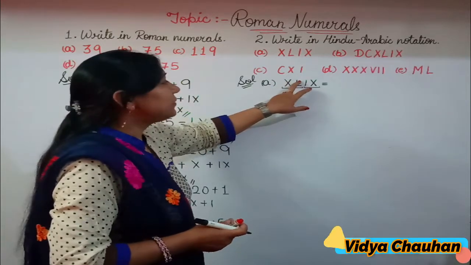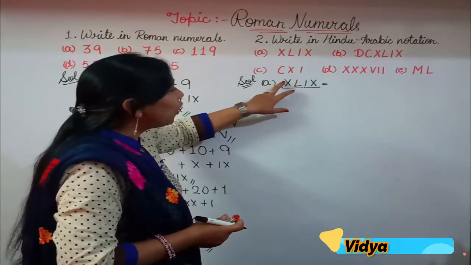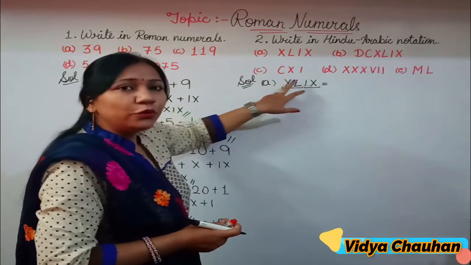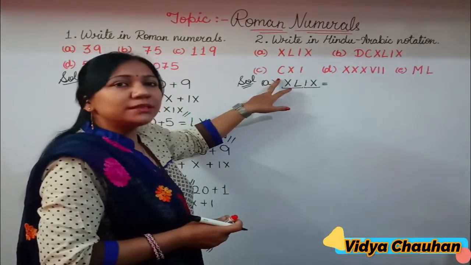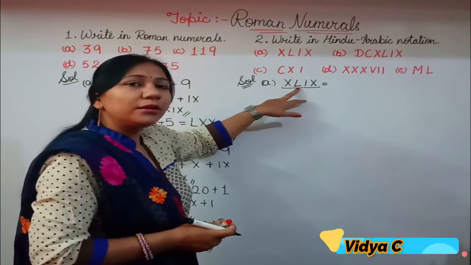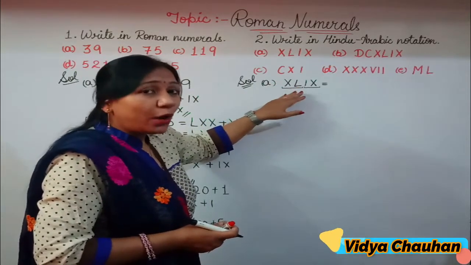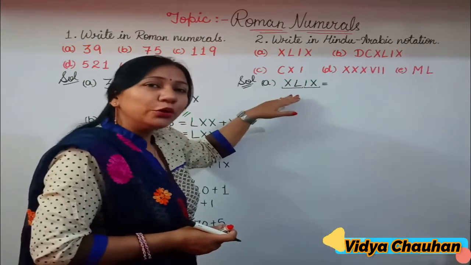Now XL: what is the value of X? 10. What is the value of L? 50. Since a smaller value is preceding the bigger value, this smaller value will be subtracted from the bigger value. And how am I saying this? According to the Roman numeral rules.